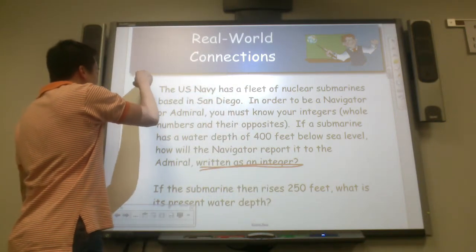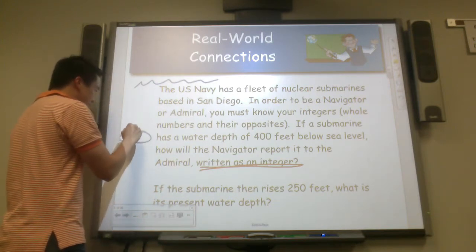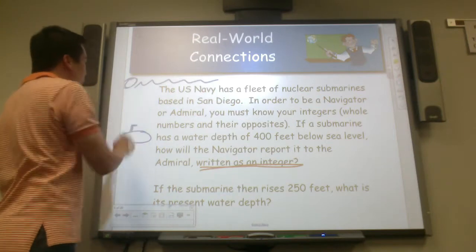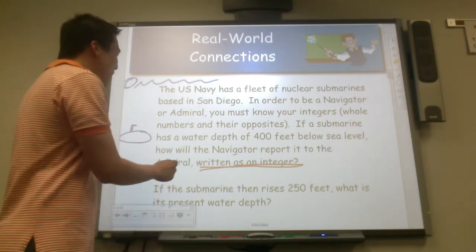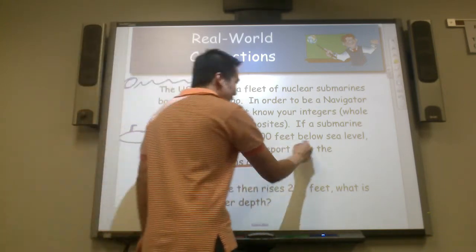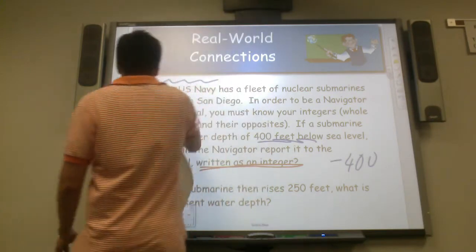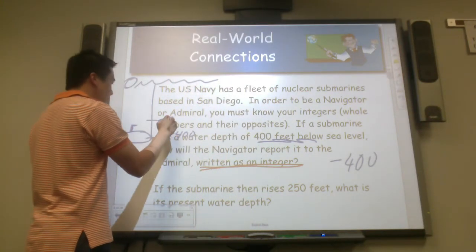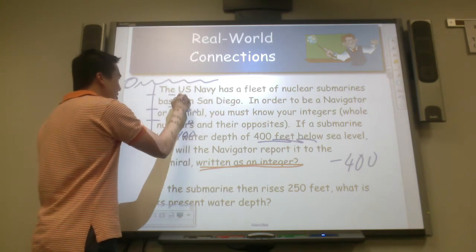Here's the sea level, and you have the submarine right here. So sea level is 0. It is below it, so it's going to be negative. So it's negative 400, below sea level.